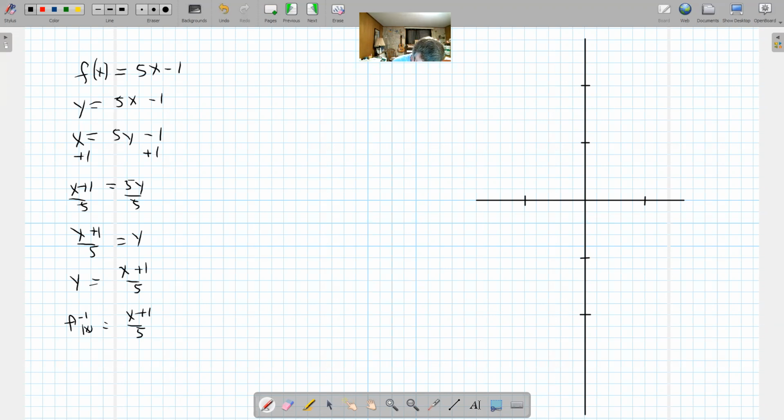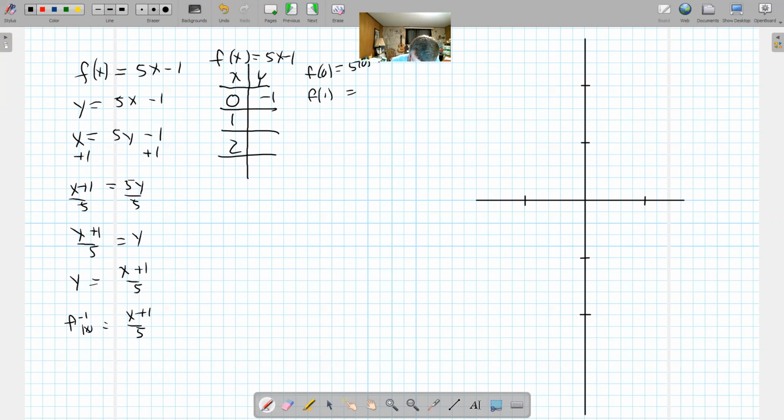Now, let's take f of x equals 5x minus 1. And let's find some ordered pairs to use to graph this. How about x is 0, 1, 2. We'll just use 3 points. That's enough. So f of 0 would be 5 times 0 minus 1, which is negative 1.